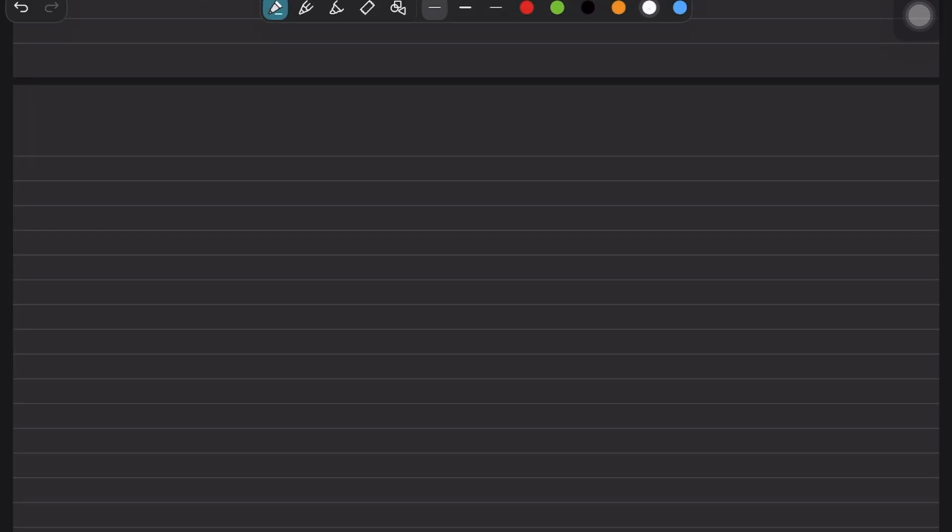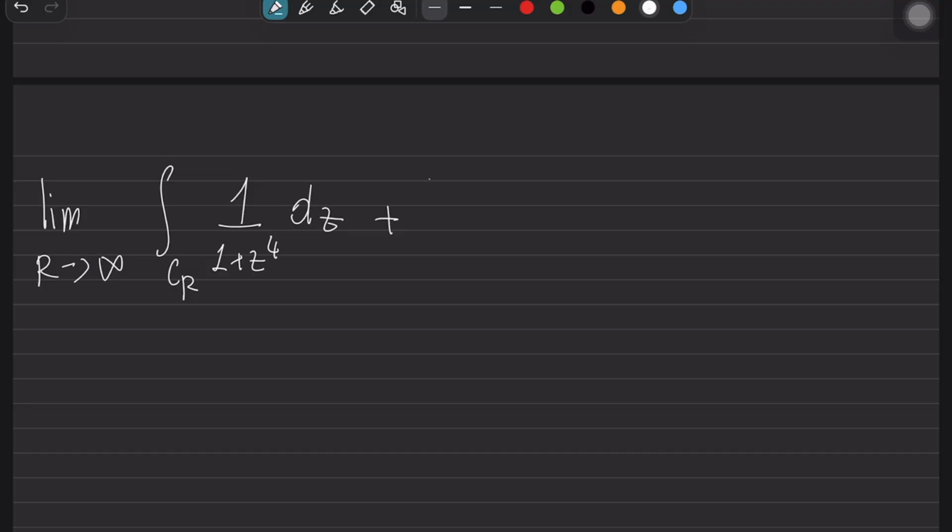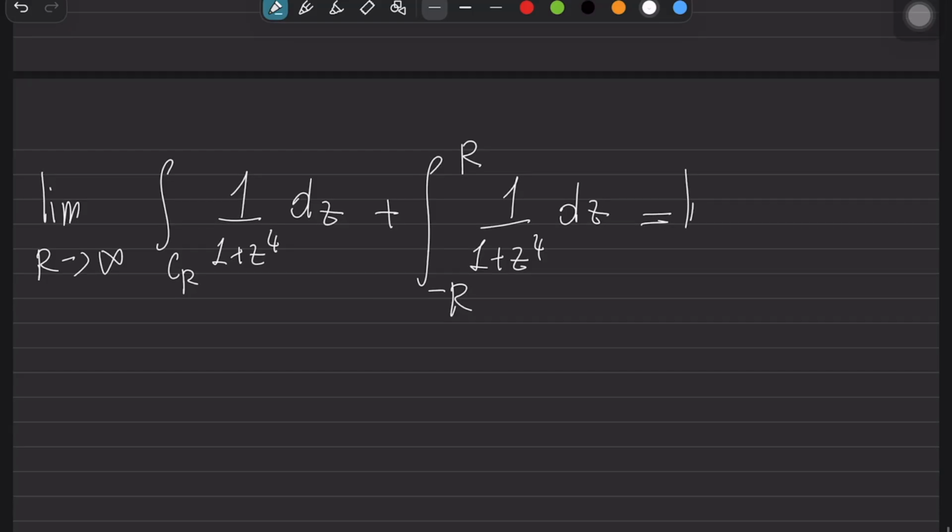I'm going to take the limit as r goes to infinity of the integral over CR of 1 over 1 plus z to the power 4 dz plus the integral between negative r and r of 1 over 1 plus z to the power 4 dz. And this has to be equal to the limit as r goes to infinity of square root of 2 over 2 pi. Oh, but wait a minute.